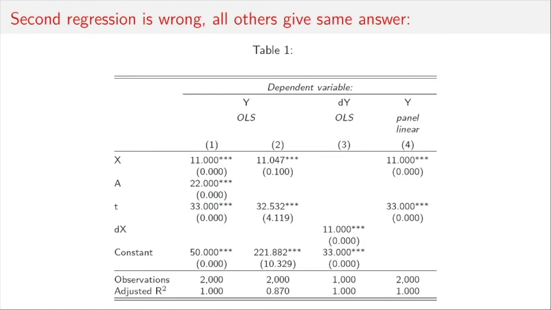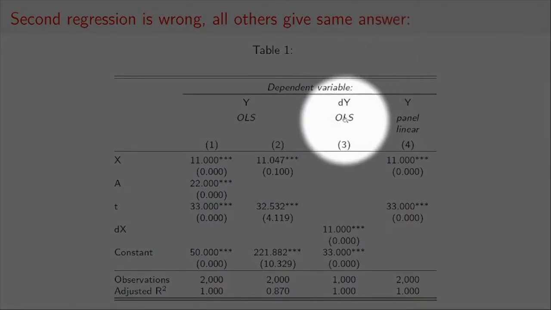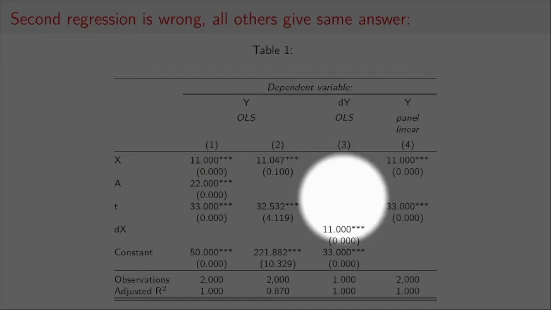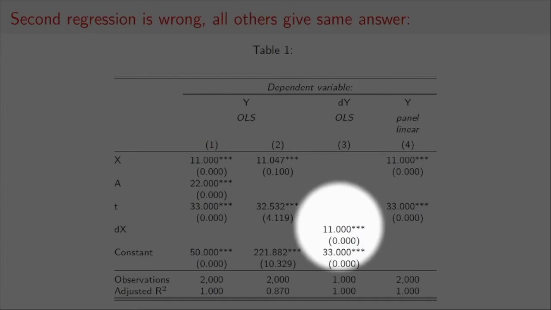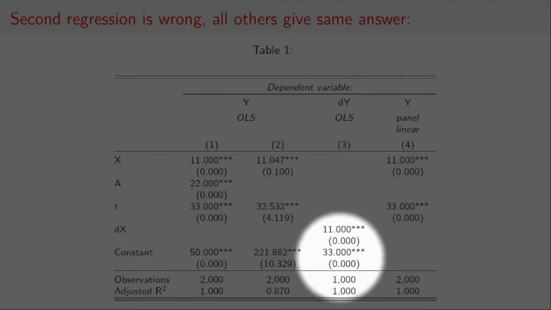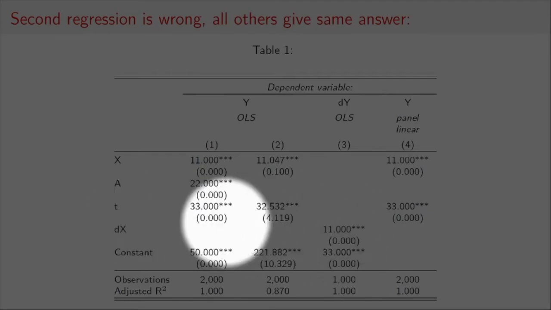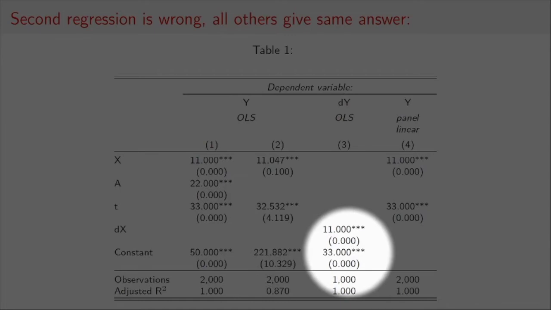But if we use either of our specifications that take advantage of the panel nature of the data to get rid of unobserved heterogeneity, or to get rid of time invariant characteristics such as a, then with the first difference we get 11 as the coefficient on the dx, and we get the constant that jumps in and picks up the role of tau here.